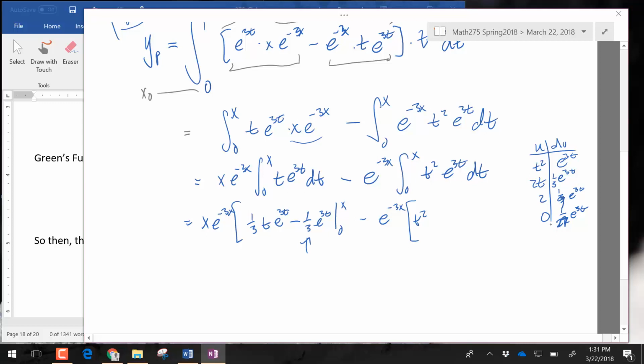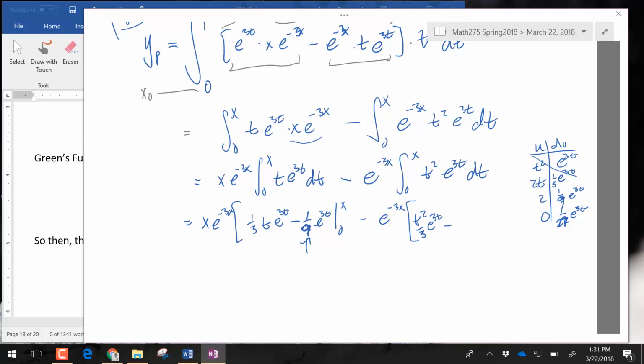Okay, all right, so back to this business over here. We got 1/3 t squared e to the 3t. Yeah, so you got to take the integral again.